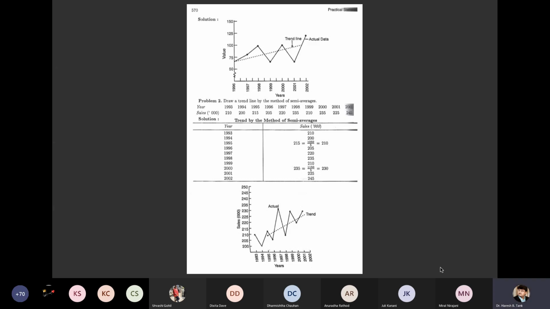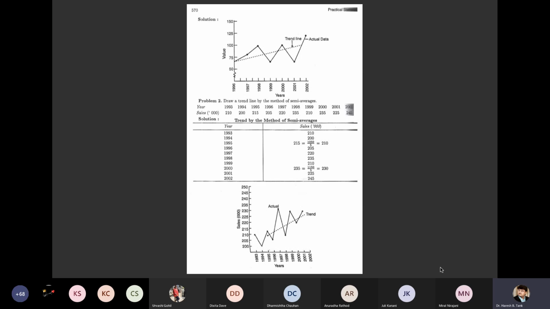Put a dot, put a point there. Similarly, the second point to be plotted is 2000, and against 2000 the calculated semi-average is 230.